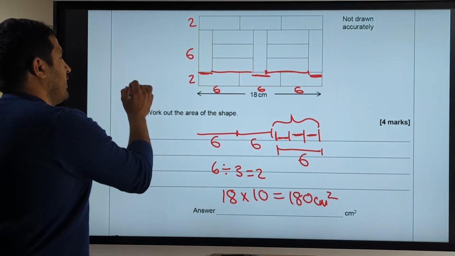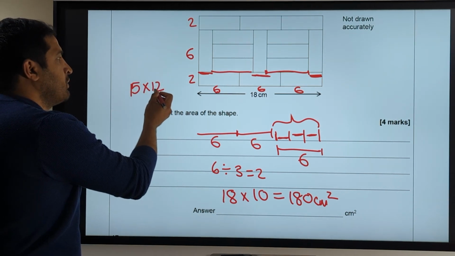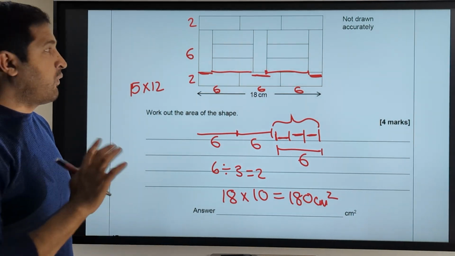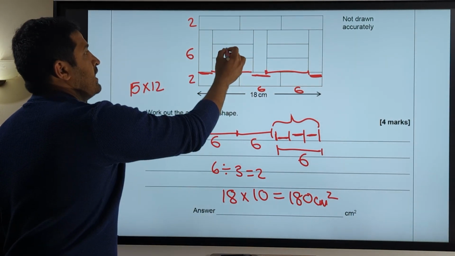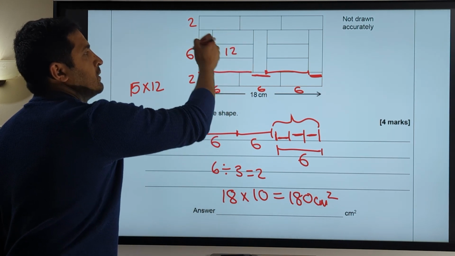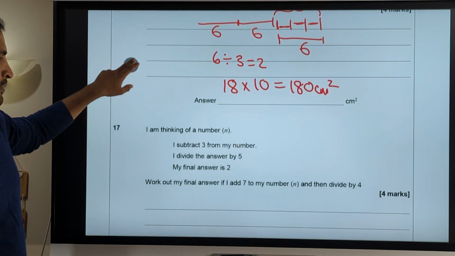So if you got 12, that would give you the third mark, and 15 times 12 and 180 gives you your fourth mark. You can do that, no problem.